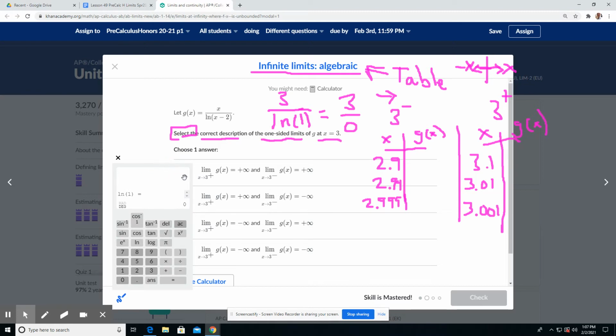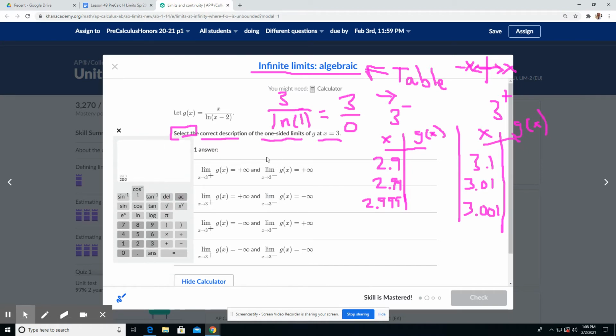I was just checking what natural log of 1 is. It's 0. Let's do, how would I do this? This calculator is not so great, but we'll see if it can handle it. 3 divided by natural log, parenthesis, 2.9 minus 2, and then end parenthesis.